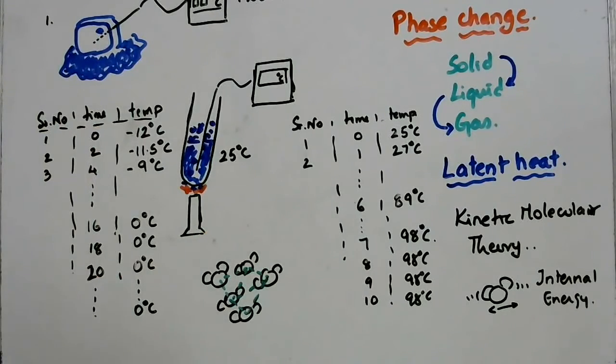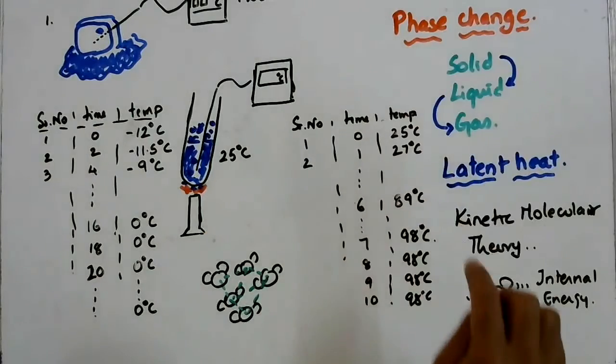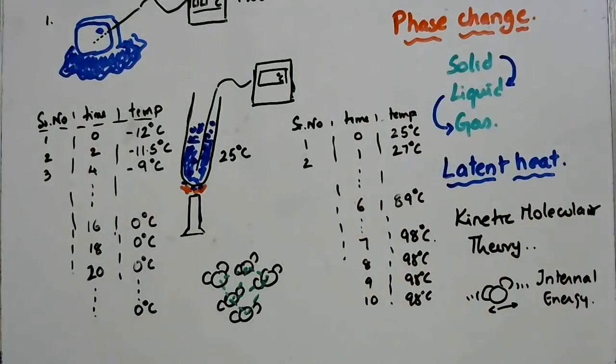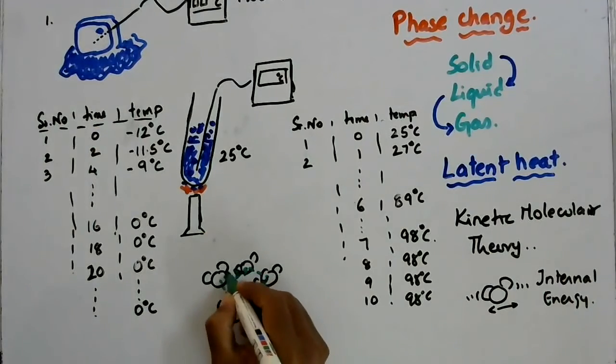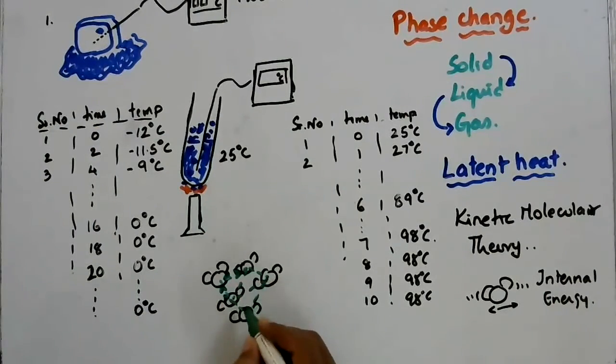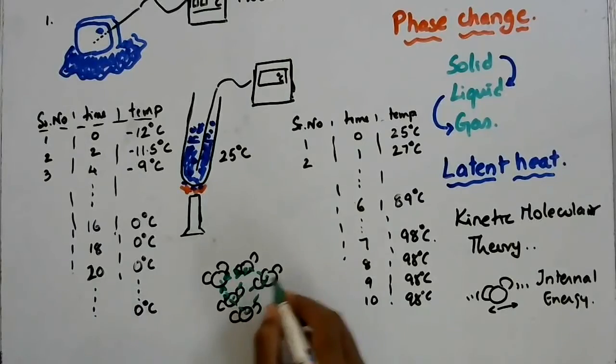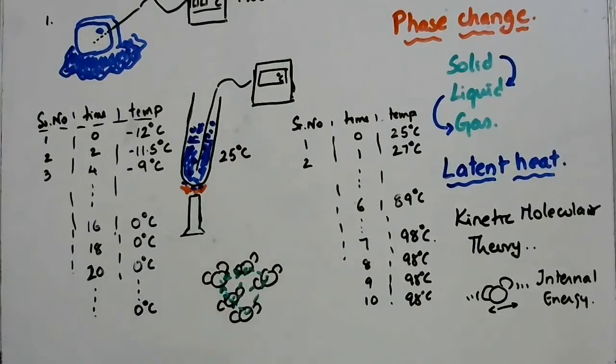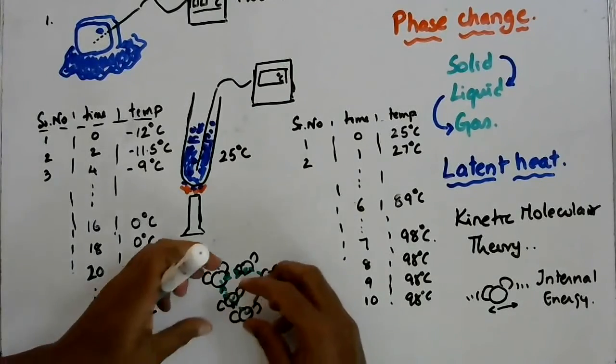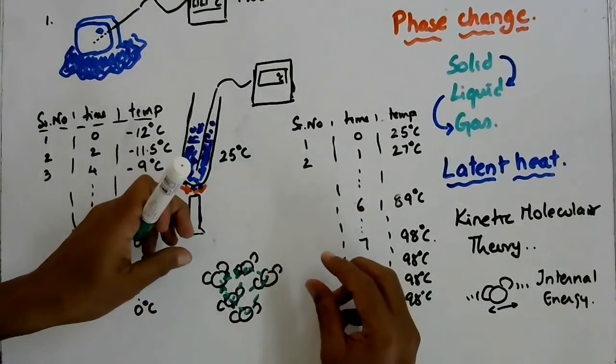So when phase change is taking place, the latent heat apparently increases the distance between the molecules. Their vibration is not increasing, but the distances between them are increasing.